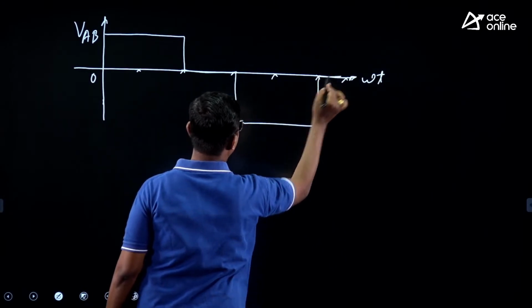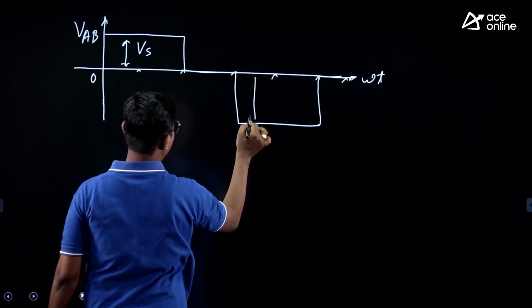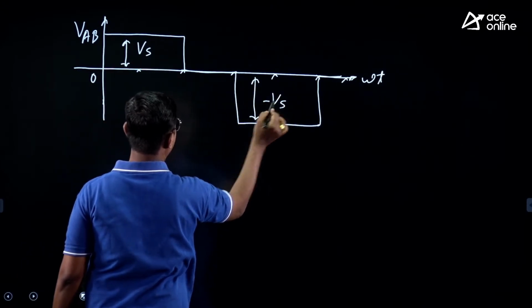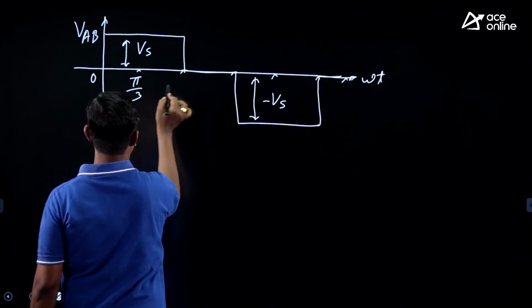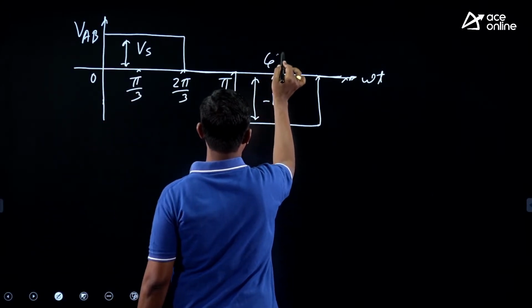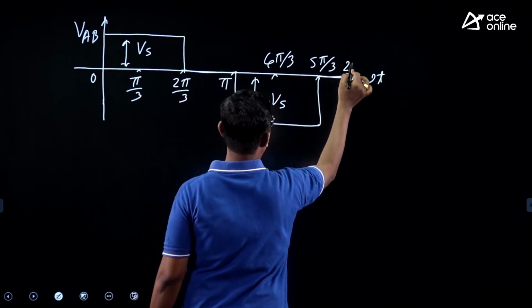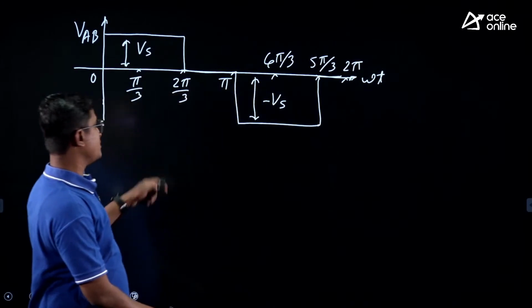This type of function. This is Vs and here it is minus Vs, at pi by 3, 2 pi by 3, pi, 4 pi by 3, 5 pi by 3 and 2 pi. Okay, this is a quasi-square function.